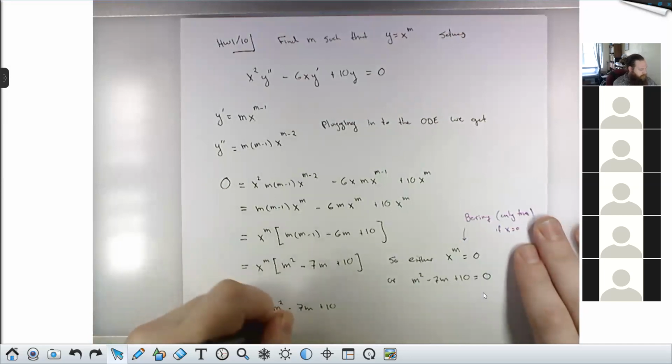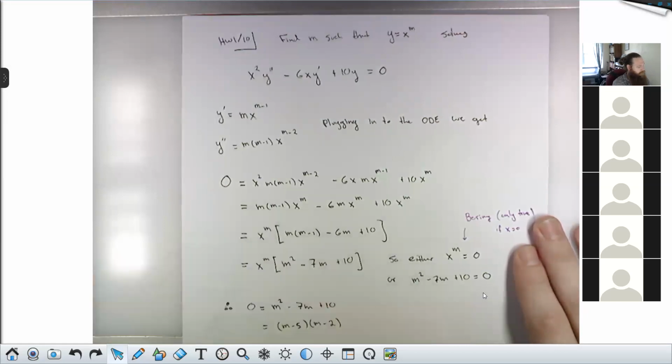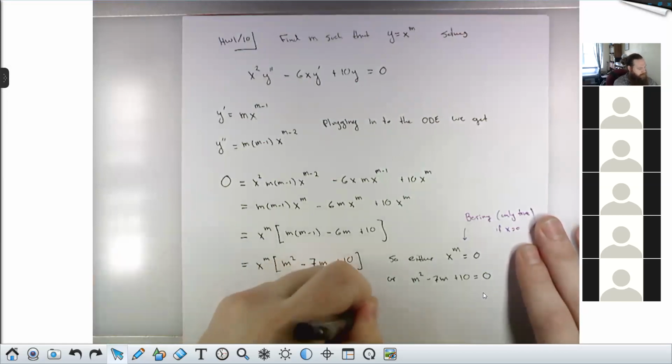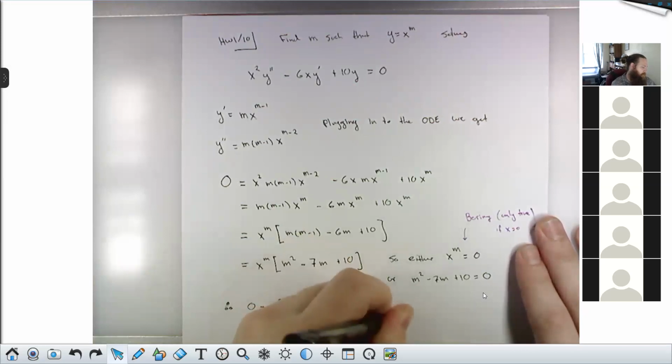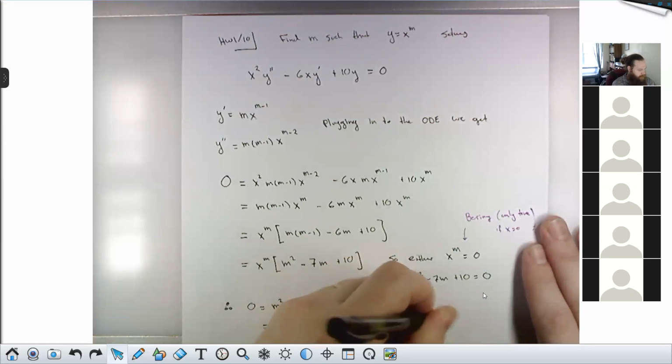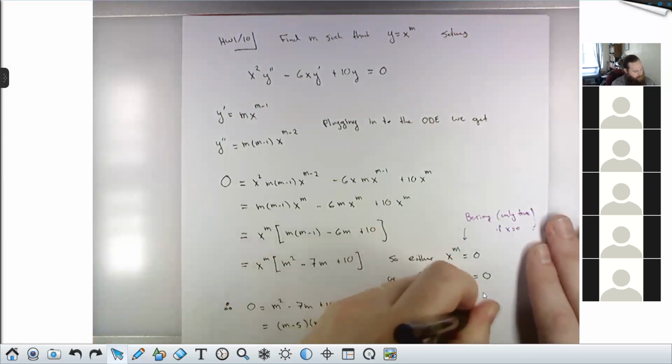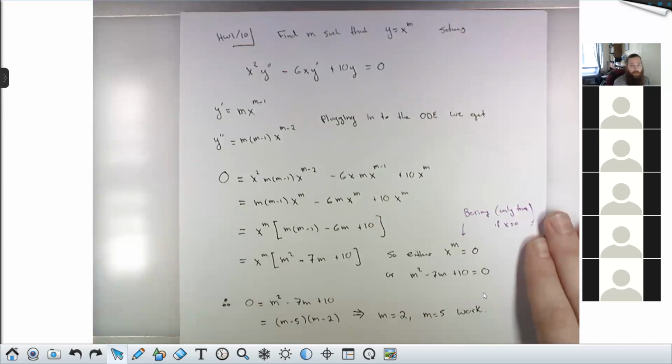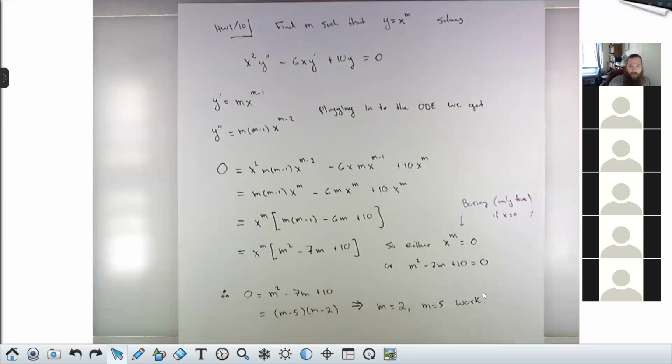So this is m minus 5 times m minus 2, which implies m equal to 2 and m equal to 5. In other words, x squared solves that differential equation. If you were to plug y equals x squared in here, you would get a solution. And if you were to plug y equals x to the 5 into this differential equation, you would get a solution. These are the two values of m that do the job.